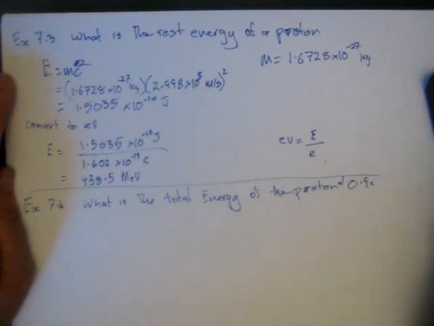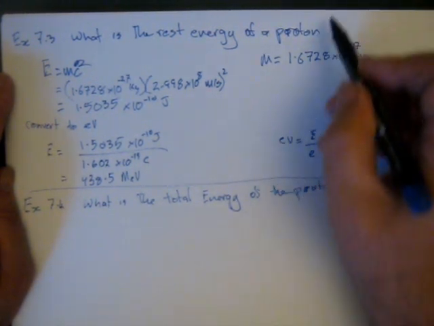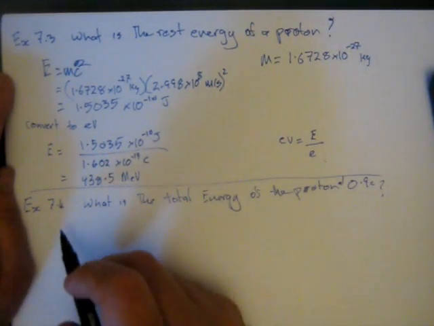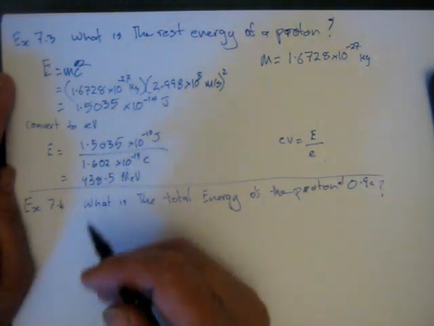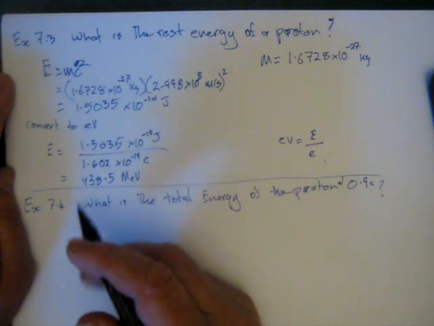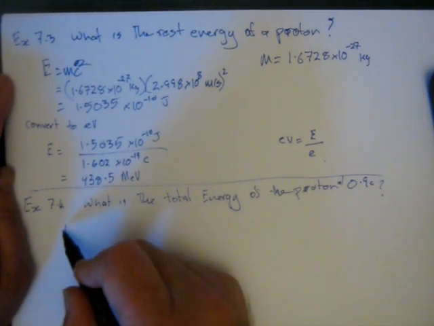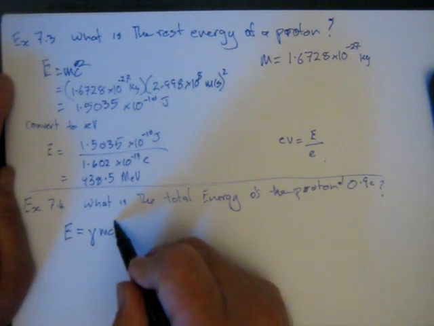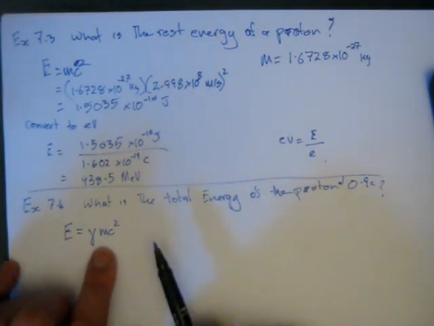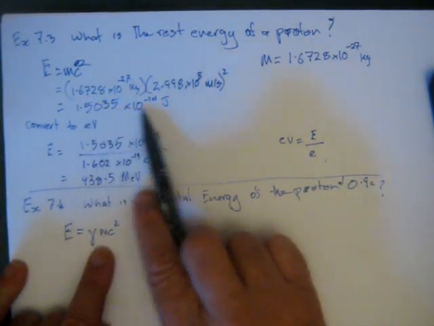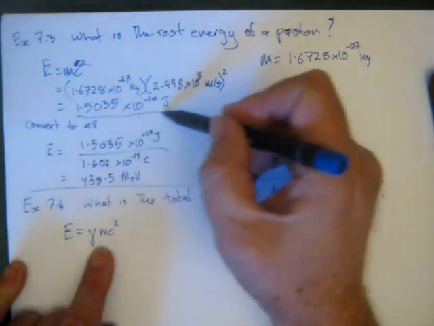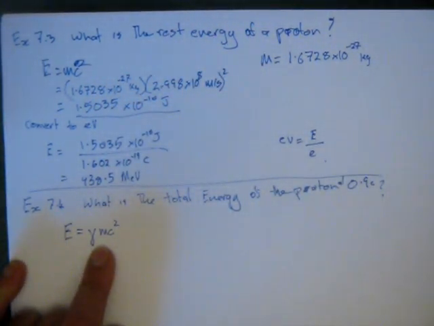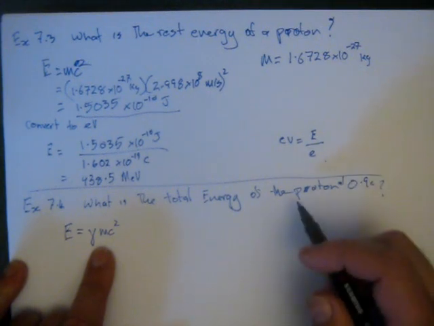So basically we can work out the total energy. E, in this case, is going to equal gamma mc squared. We know what mc squared is, we worked it out just up here. It's nothing to do with music or musicians.